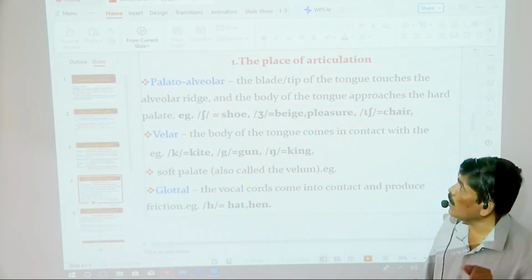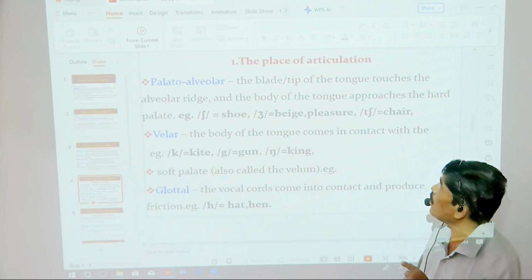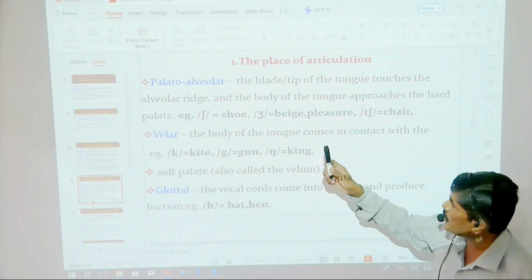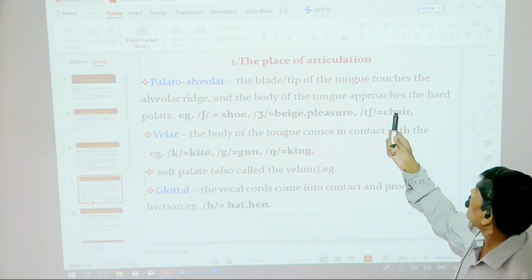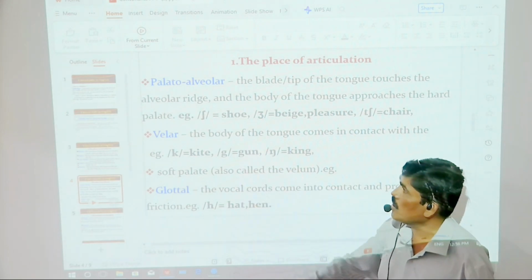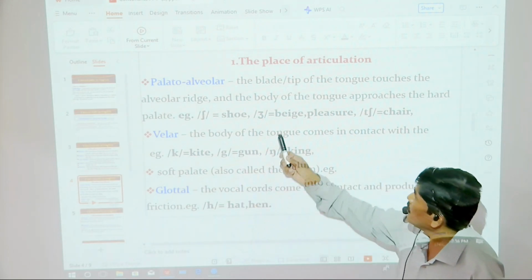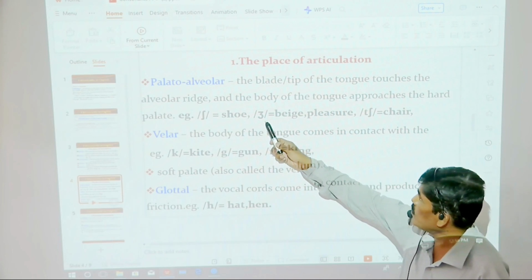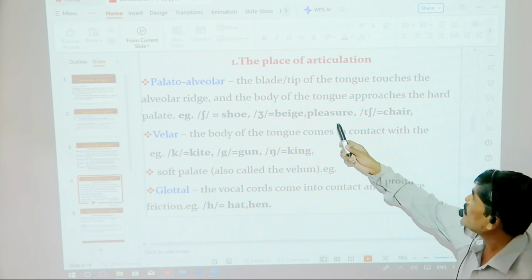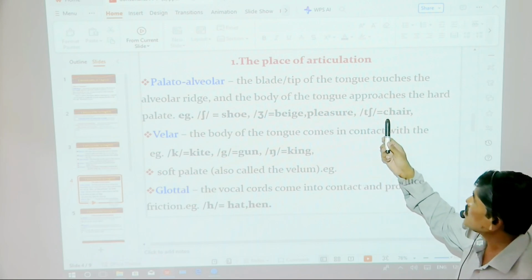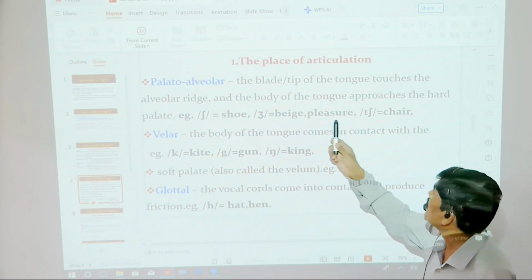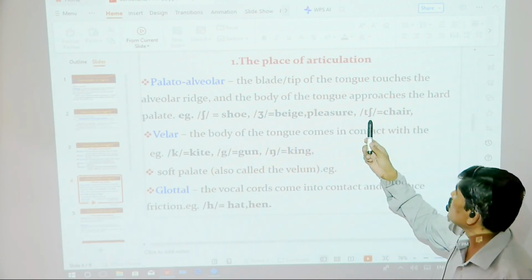Now palatoalveolar. Palatoalveolar: the blade or the tip of the tongue touches the alveolar ridge and the body of the tongue approaches the hard palate. For example, sh, then j, then pleasure, then ch, meaning sh, j, zh and ch.